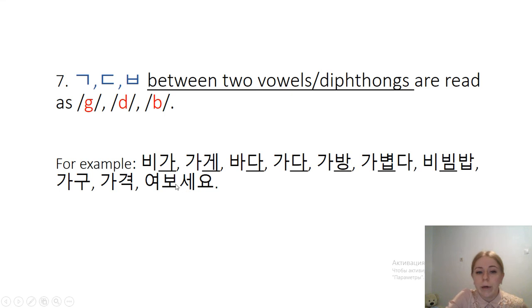We don't say it with a p sound, because there is a rule that between two vowels, 요 and 어, we read this consonant like b, 여보, 여보세요. So we have such examples. 비가, 가게, 바다, 가다, 가방, 가볍다, 비빔밥, 가구, 가격, 여보세요.